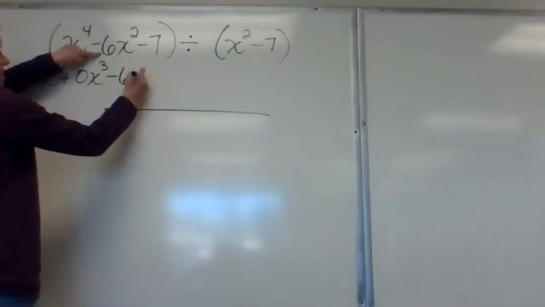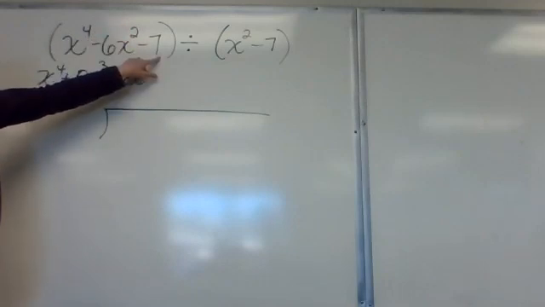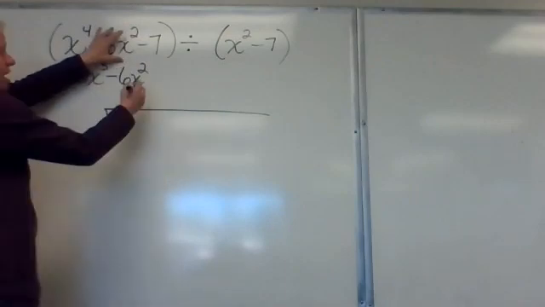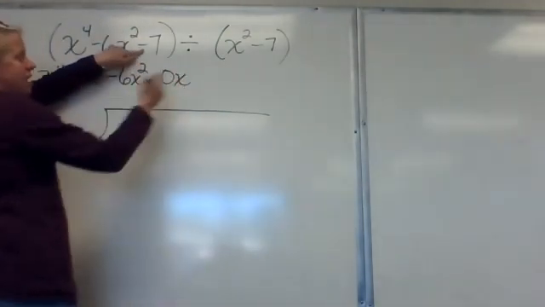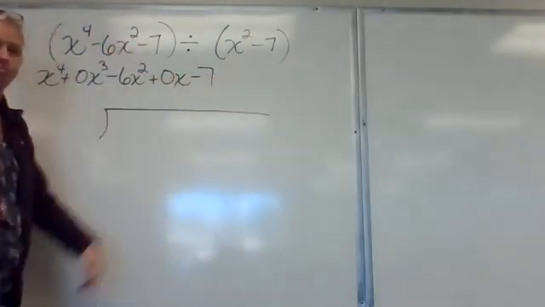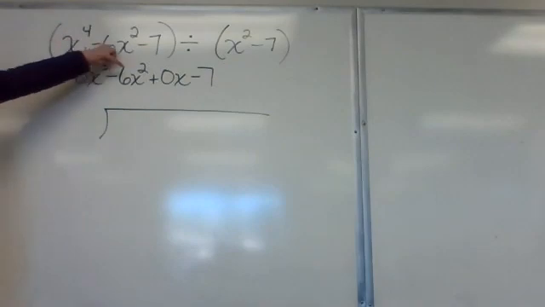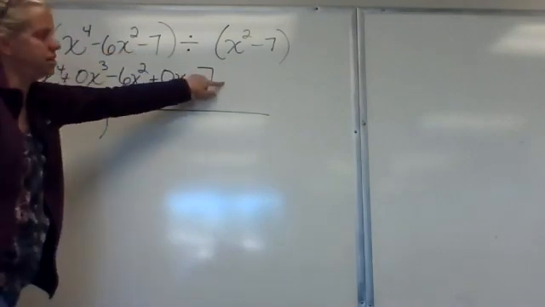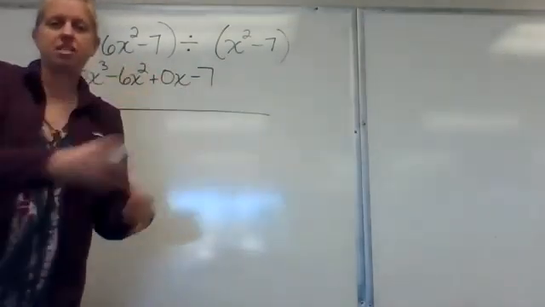So minus 6x squared. What should come after the squared before the constant? An x. I don't have an x, so I'm just going to plug in a 0x. And then the minus 7. So again, I want my exponents to go 4, 3, 2, 1, none. So plug in zeros for all the missing ones.